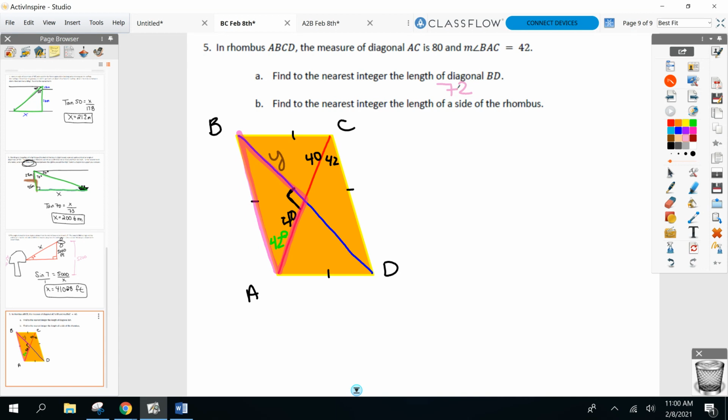And part B, one side of the rhombus is 54 units. If you cannot get there, call me. Let me know where you're having trouble if you can't get to 72 and 54. If you finish before we're done, move on to the homework pages.